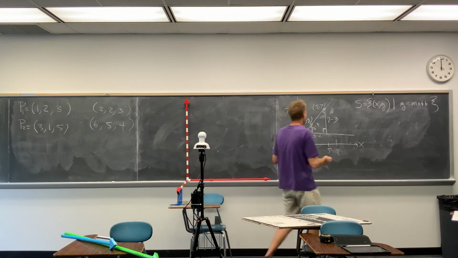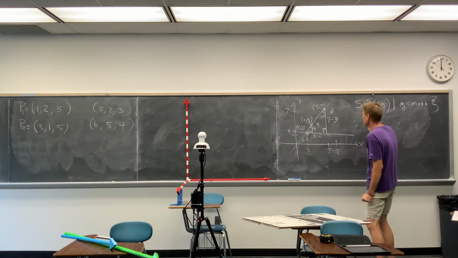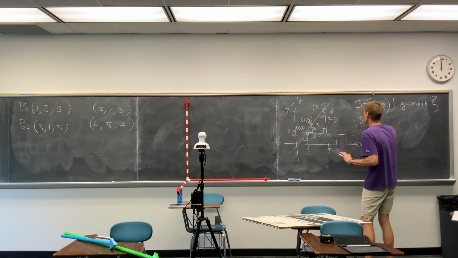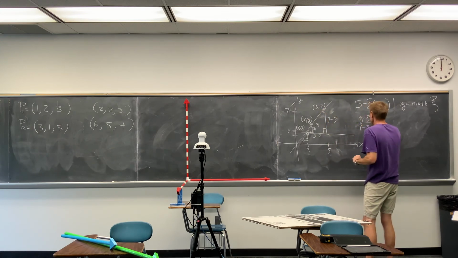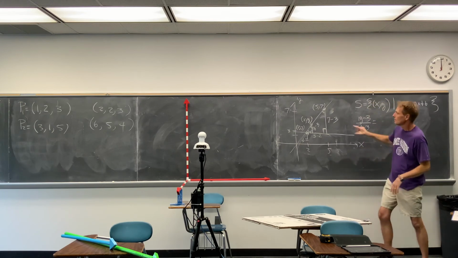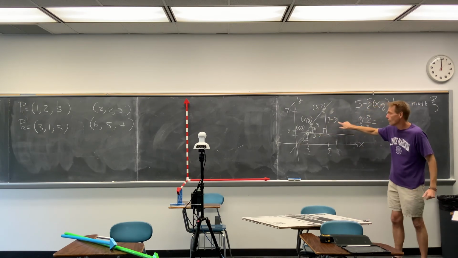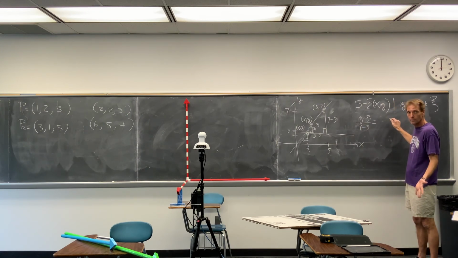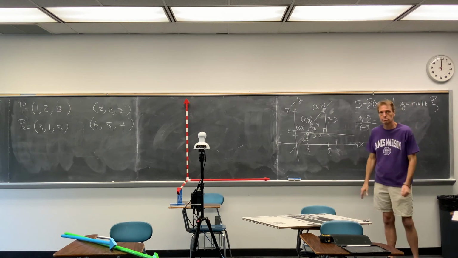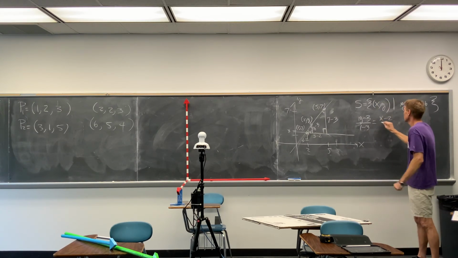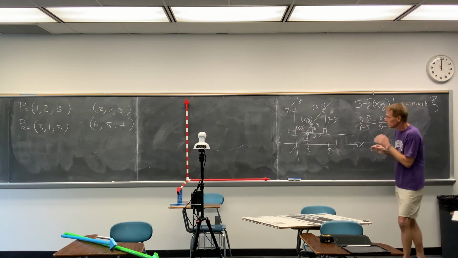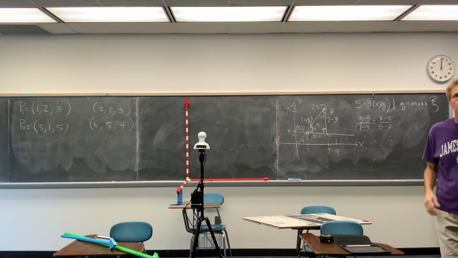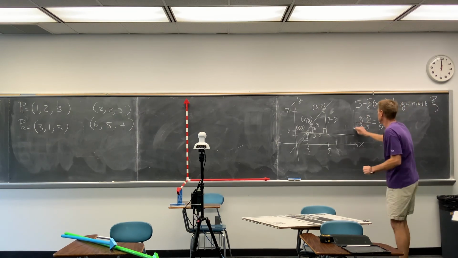So for example, I could say y minus 3, baby side, over big side, 7 minus 3, would have to be equal to x minus 2 over 5 minus 2. Proportional. Little side over corresponding big side. Put a box around that.